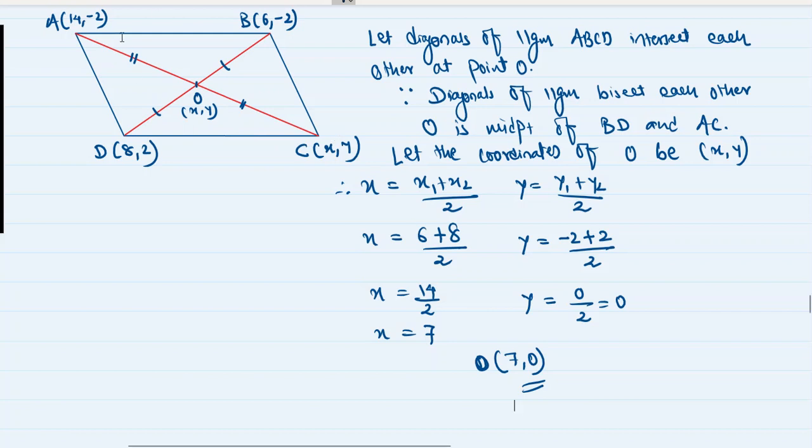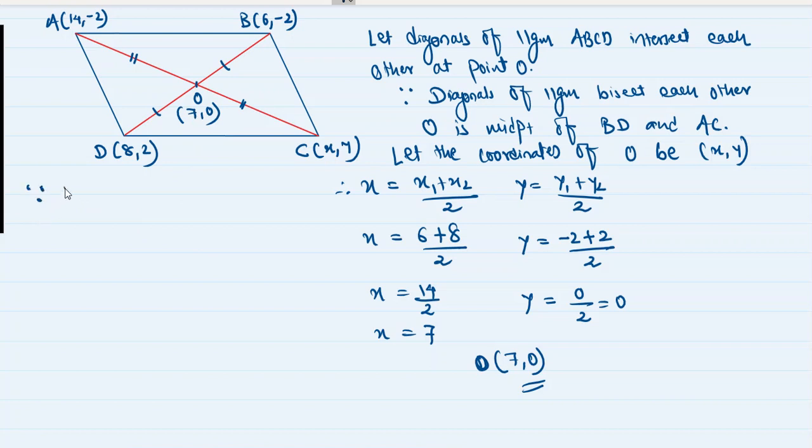Okay, now O is also the midpoint of AC, and we know the coordinates of A and coordinates of O, so we can find the coordinates of C. Here we took x comma y, but now there is no need of keeping it x comma y. Now we know that it is 7 comma 0.